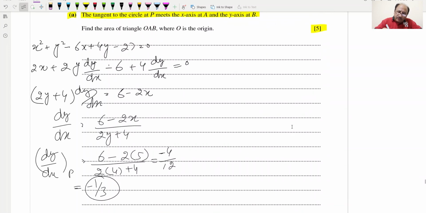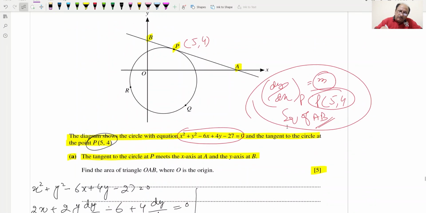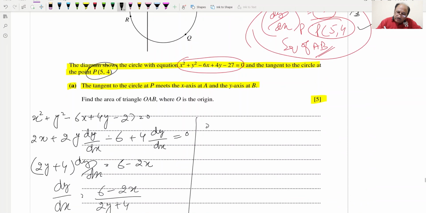Now we could find the gradient of the normal, the perpendicular, by taking the reciprocal and changing the sign. But actually it is not needed here, because we are after the tangent. We will use the gradient we found, minus 1 by 3, and the point P, which is (5, 4). So m is equal to minus 1 by 3.